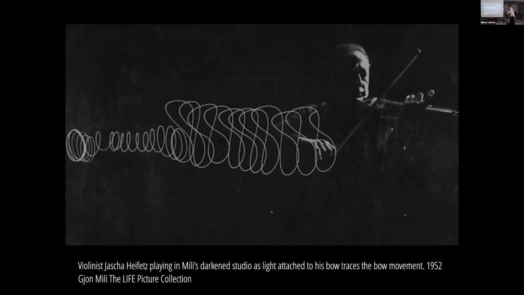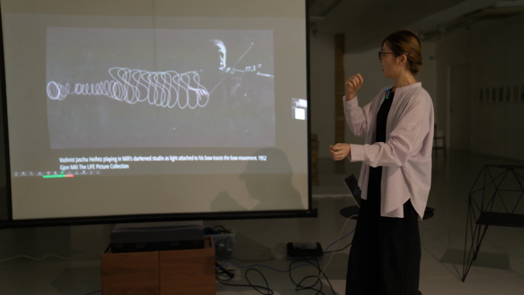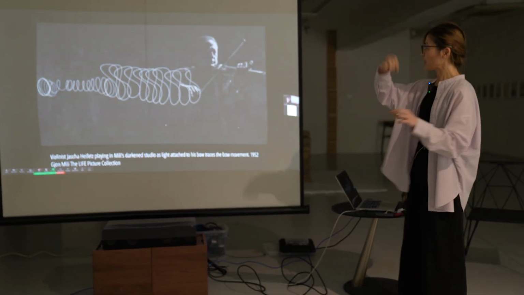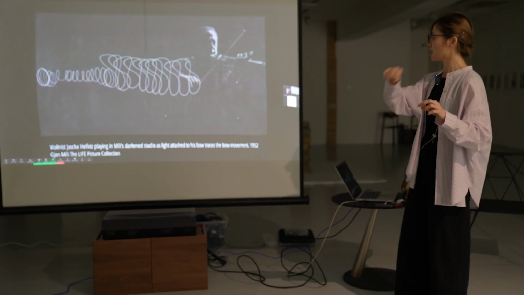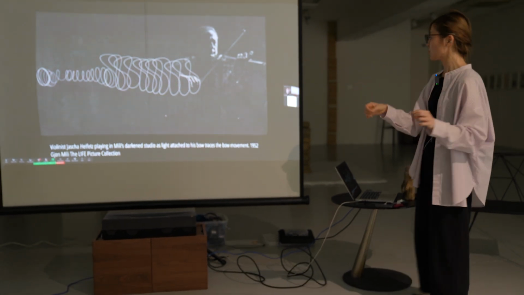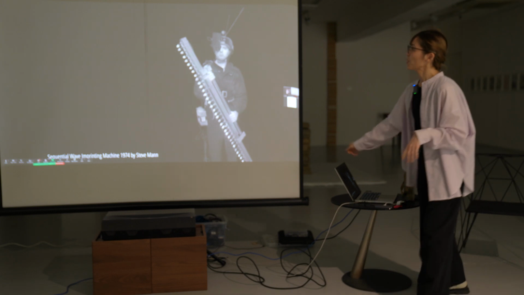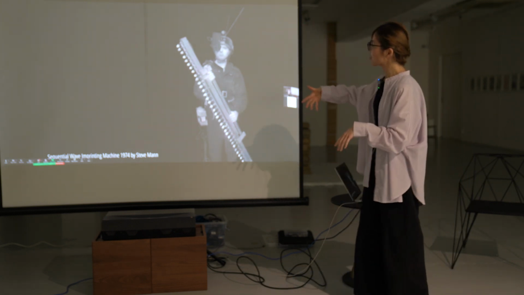Another example was, of course, connecting the point light source to the end of the bow of the violinist Heifetz, capturing his bow's trace while he was playing the violin.